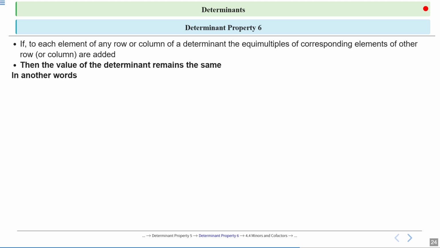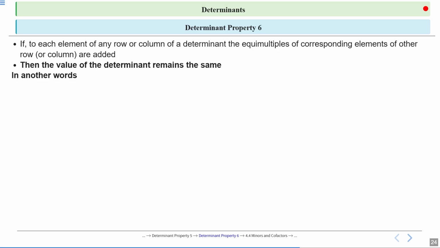So this property 6 says, take any row or any column, just take a row, and equimultiples of corresponding elements of another row are added. So just take any row and another row and multiply that row with any constant and add it to that row. We get a new row, then the value of the determinant remains the same.